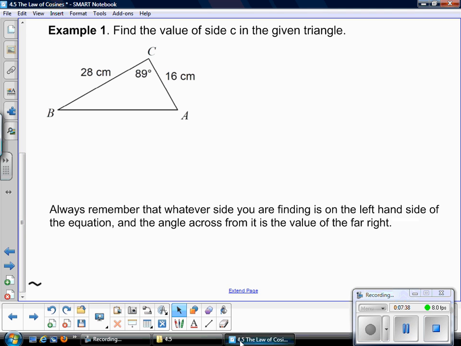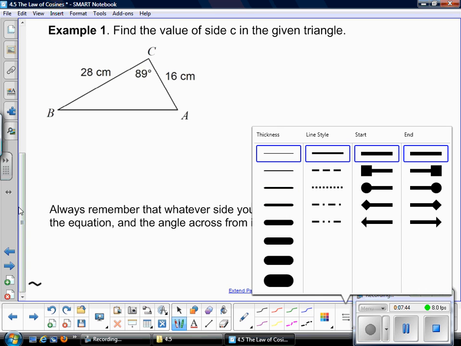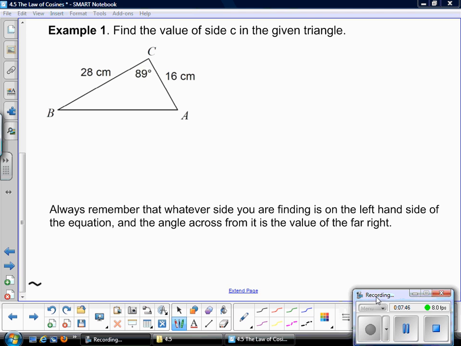So the first thing that I always do is I label my triangle. I notice it's not a right angle triangle, because that's always important. And I label, so this is side C, side A, and side B. I can see I need to use the cosine law because I have two sides and the angle that holds those two sides together.